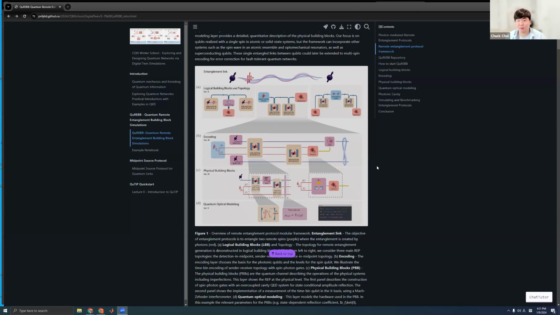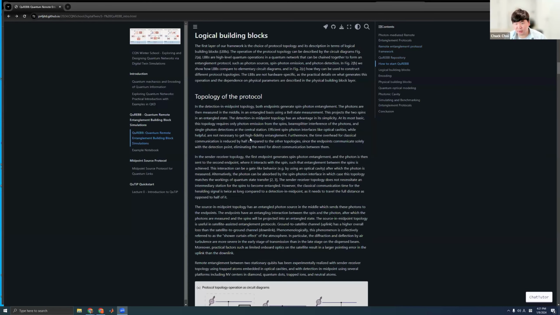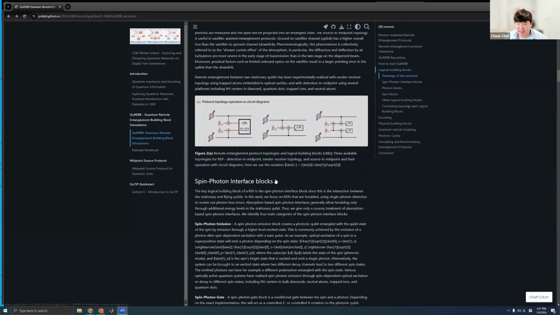This is why we call this framework a building block framework. When I started my PhD, in the first year, I knew probably basic quantum circuits, like the CNOT gate, plus states, zero states.